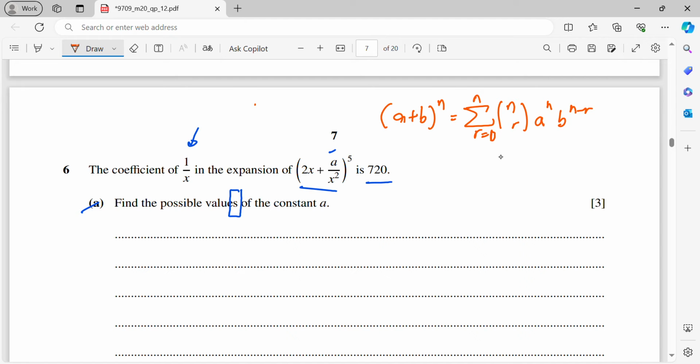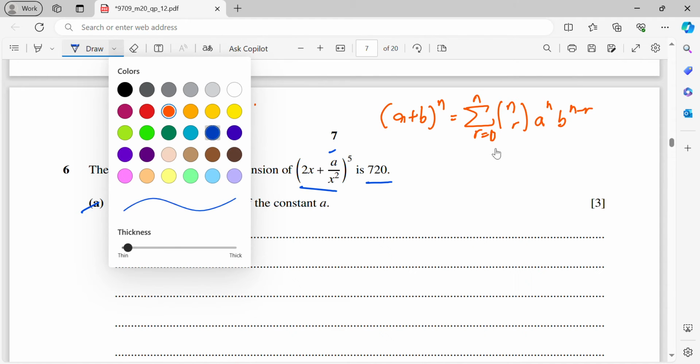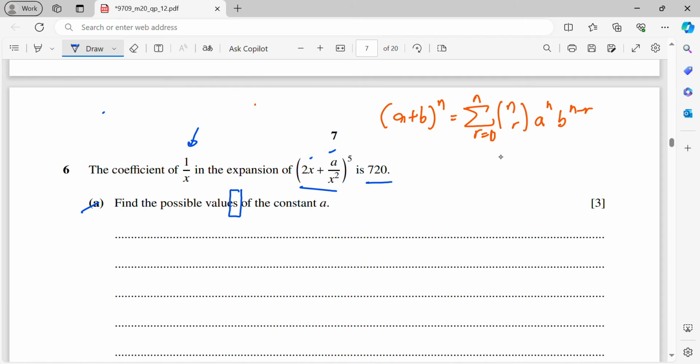Okay. So now what I need to do here is I will just write in the same form so that I can get my a and b. So (2x plus a over x squared) with degree 5. That means my first term is 2x. Then my second term is a over x squared. Then my n is 5.